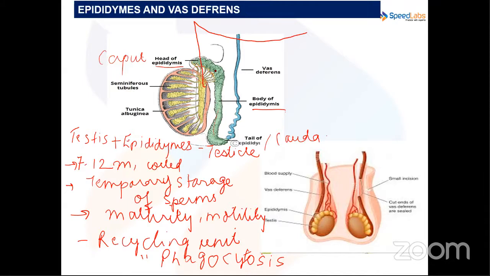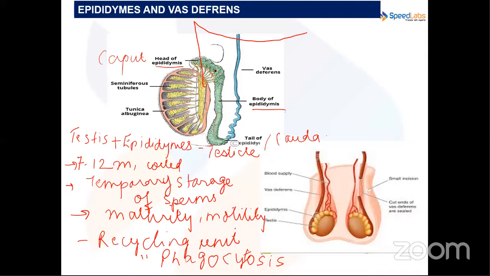It is active for around 72 hours, but after 2 days they mostly die. And after such a long journey in the female reproductive tract, a small number of sperm survive, because there is a difference in the pH of the male and female reproductive tract.